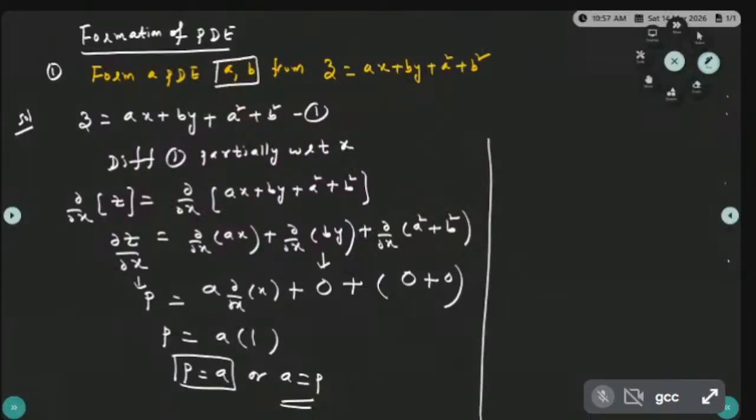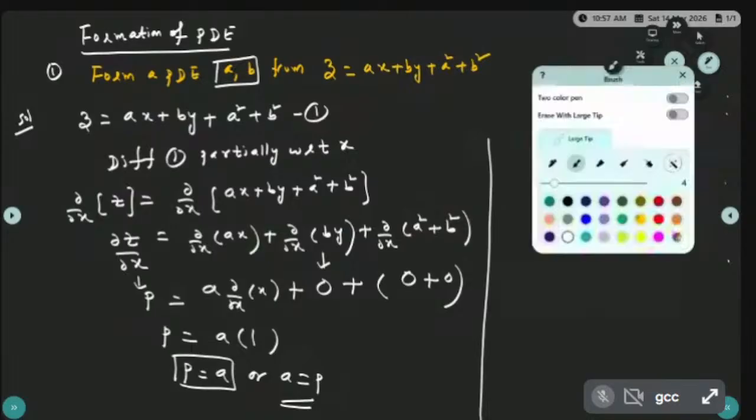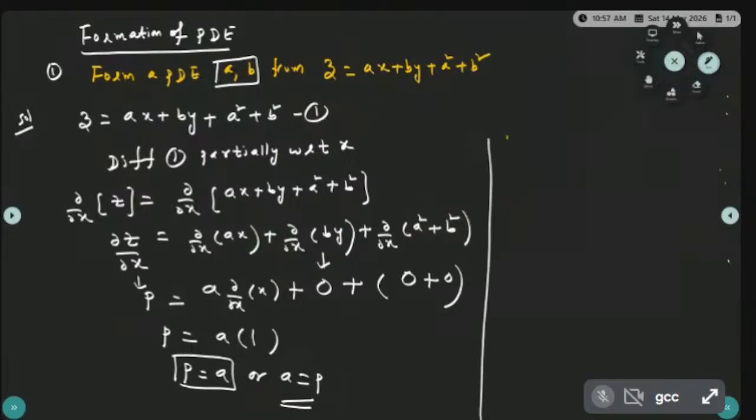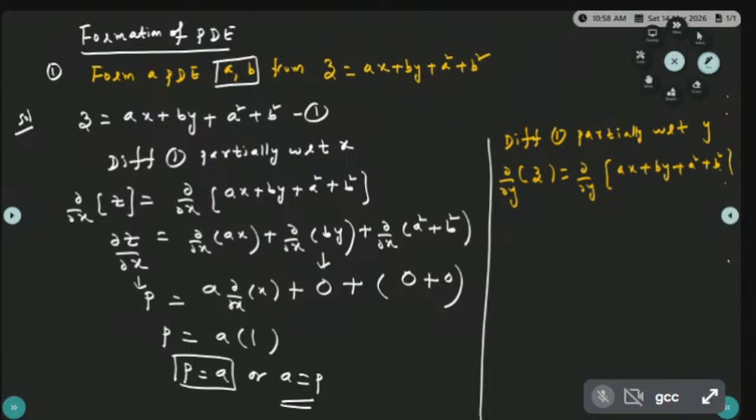Now, this time differentiate 1 partially with respect to y. Dou by dou y of z equal to dou by dou y of ax plus by plus a square plus b square.